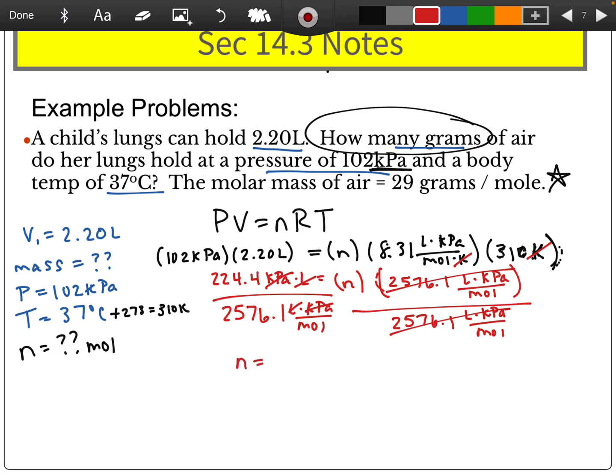So our first answer, if we take 224.4 divided by 2576.1, we get 0.087108. I'm going to keep as many numbers as I can because this is moles. We want to know grams. So we have to do one more conversion because we have to convert moles to grams.